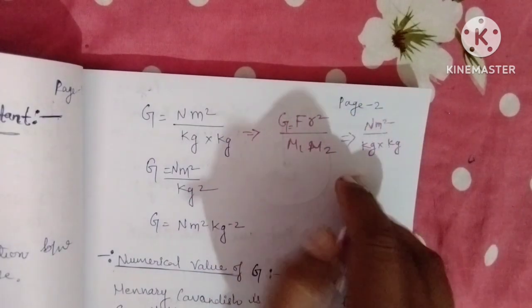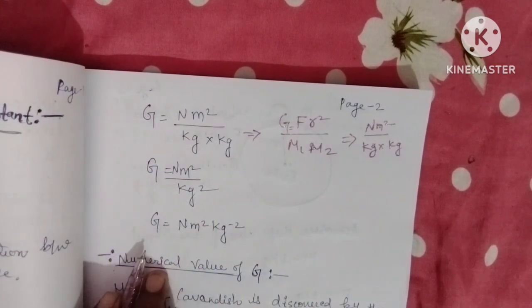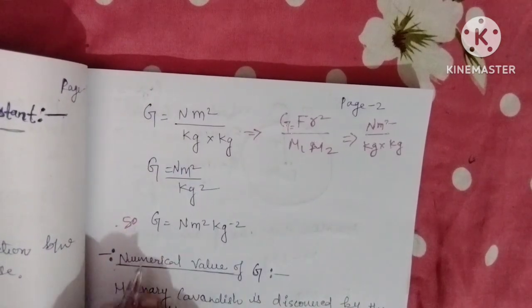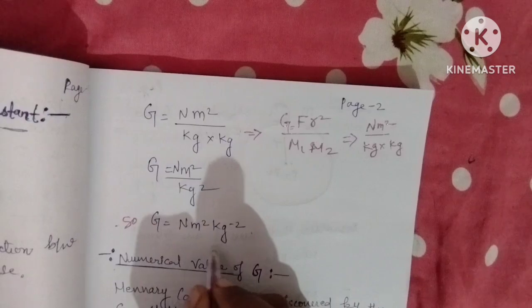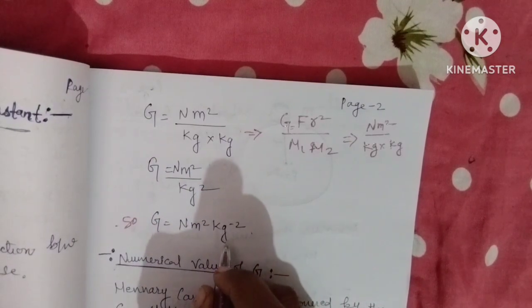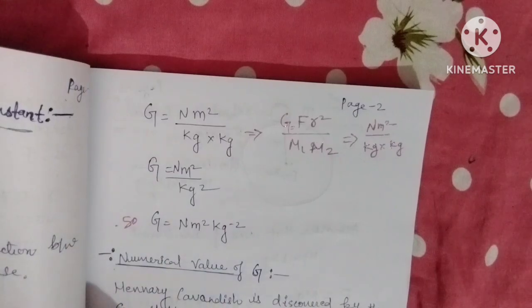This simplifies to Newton meter square kg square. So the gravitational constant is equal to Newton meter square kg inverse square.